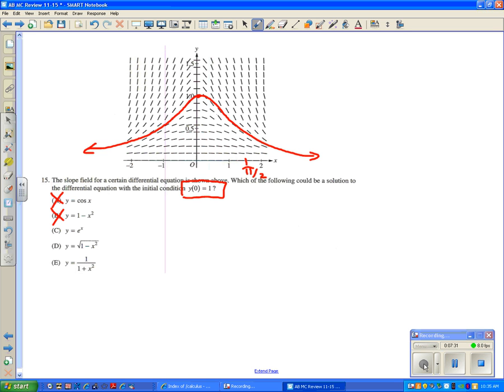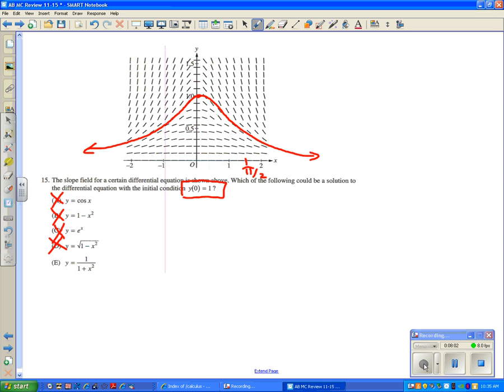After we got past that point at 0, 1, it would continue to go up, not decrease, so it can't be C.